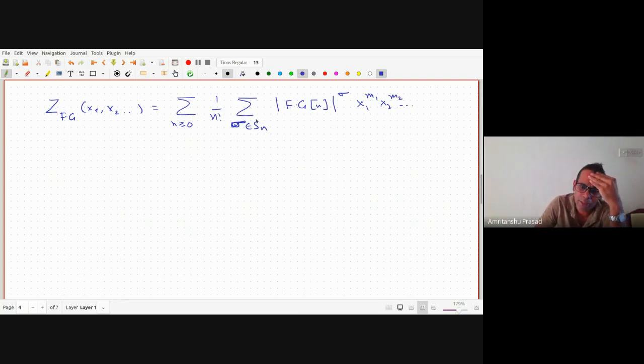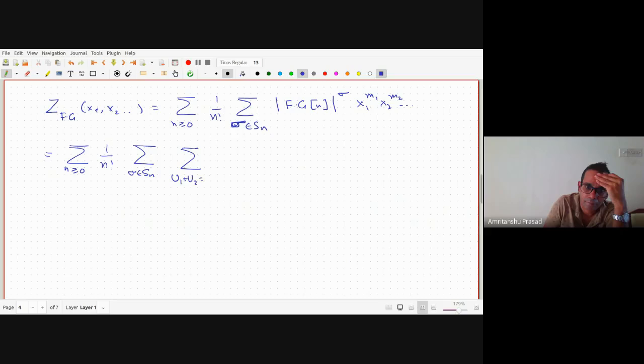Now if we expand, what we get is a sum over all possible U1 and U2, and then we have F(U1) cross G(U2), and then we take the sigma invariance of this.